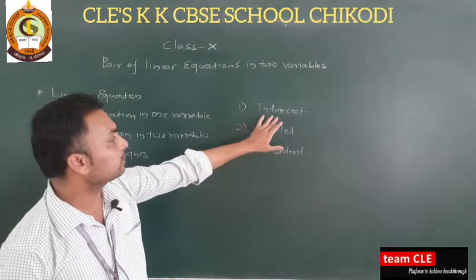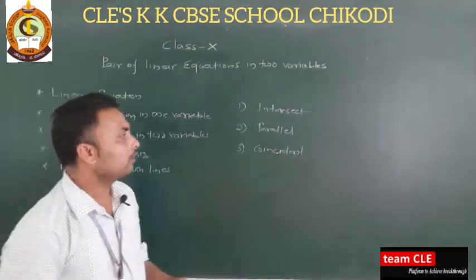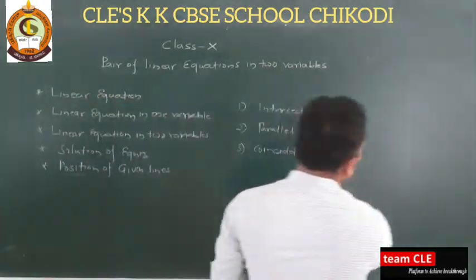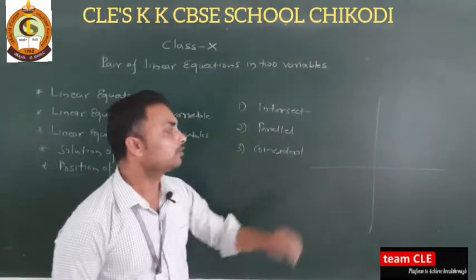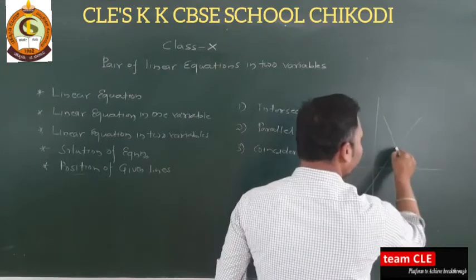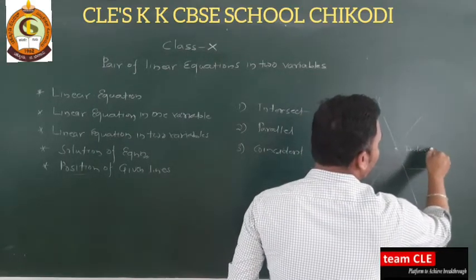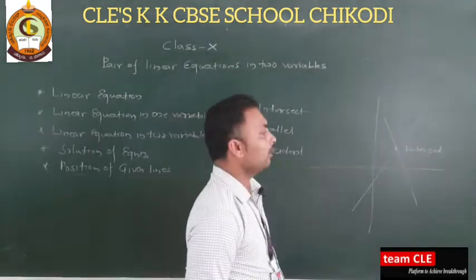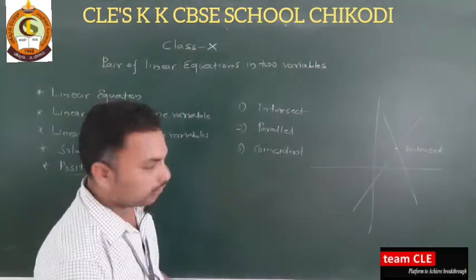These are intersecting, parallel, coincident. Now if you plot the lines on a graph, if you got one line like this and one more here, and you got one point, this we call intersect, okay. This we call intersect here, okay. Now next one we have parallel.